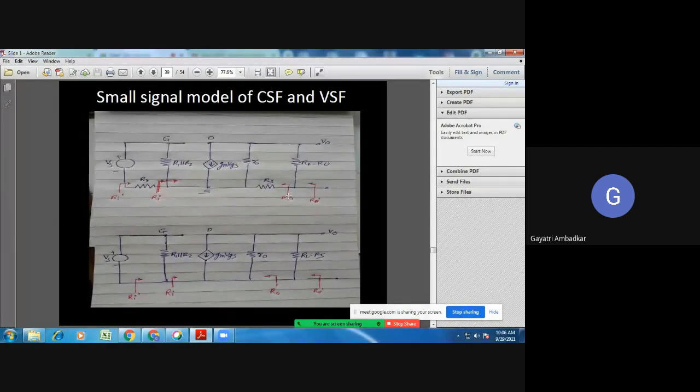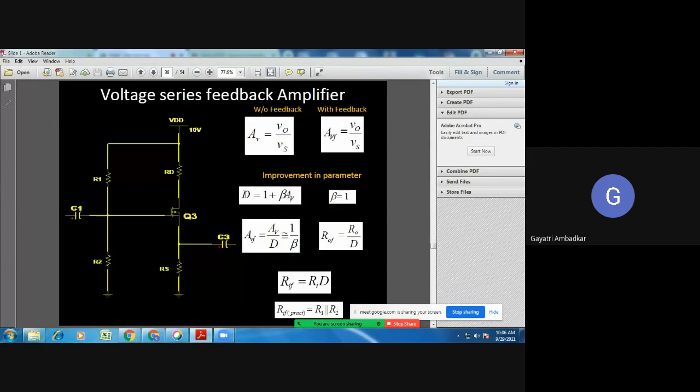This is the small signal model I have drawn. I taught you how to draw the small signal model. I have to replace this by its small signal model, and you have to bring all the DC voltages to ground and short all the capacitors. So how it appears is drawn here.